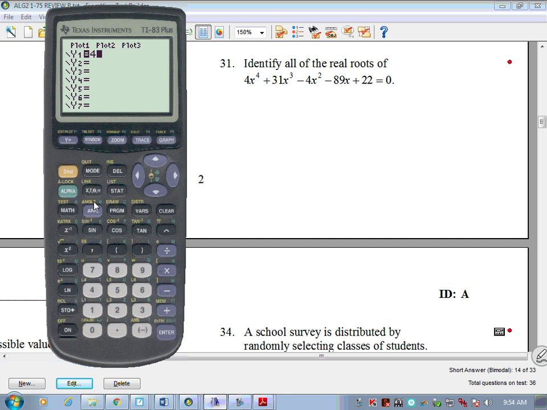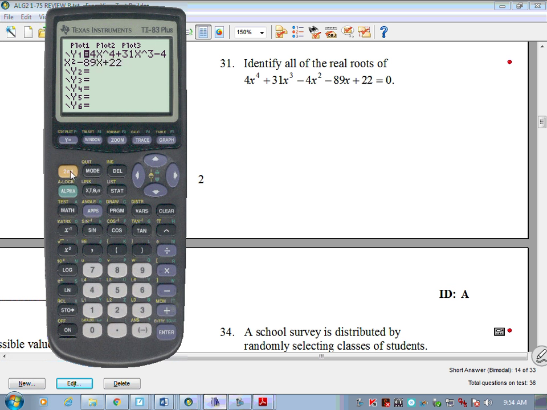We're going to go 4x caret to the fourth plus 31x to the third minus 4x squared. Oh, wrong one, we want squared. Minus 89x plus 22.